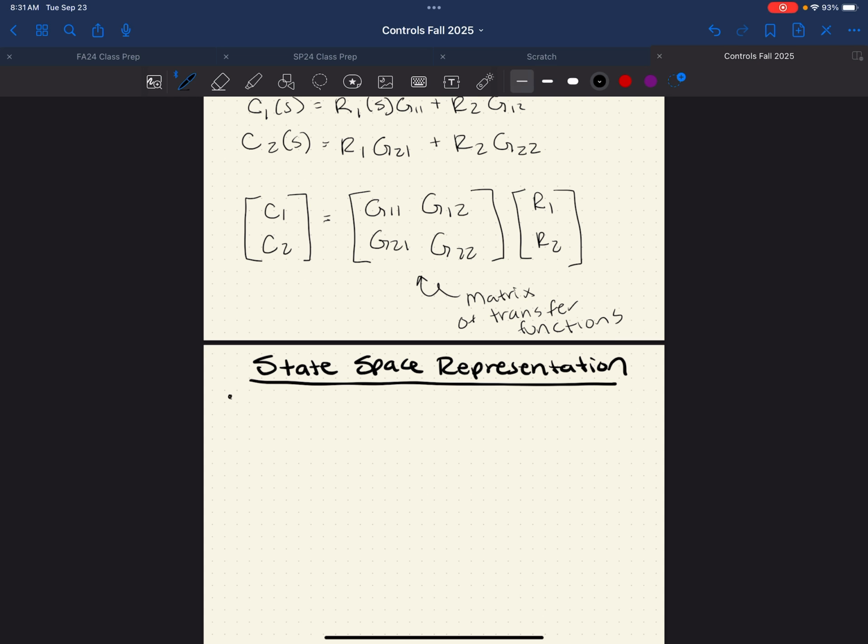State space representation is a time domain, more modern approach.